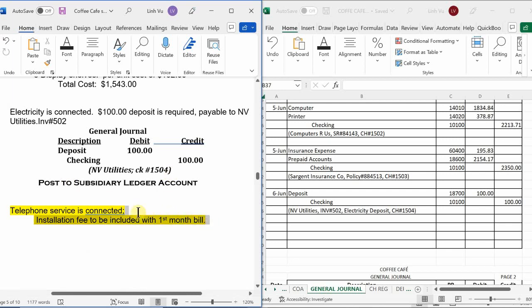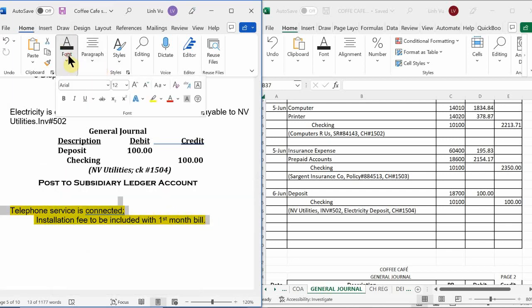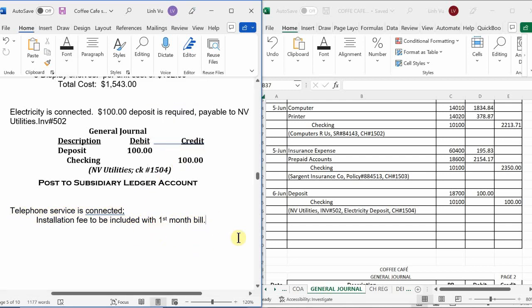So what do we know about this transaction? Do we need to record this transaction? No. No, because in this case, you are already given this information that the services have been completed, but you're not going to be billed until you receive your first month's bill.